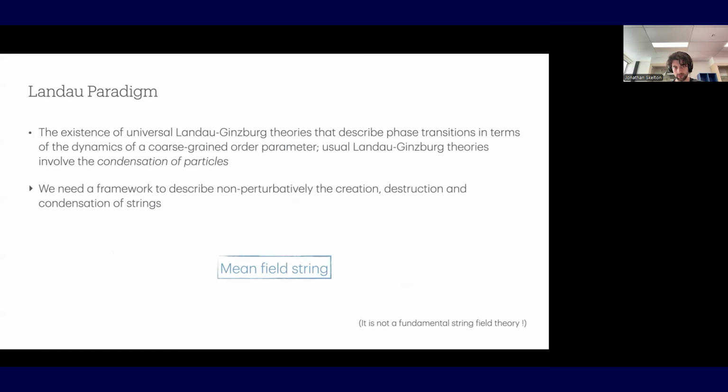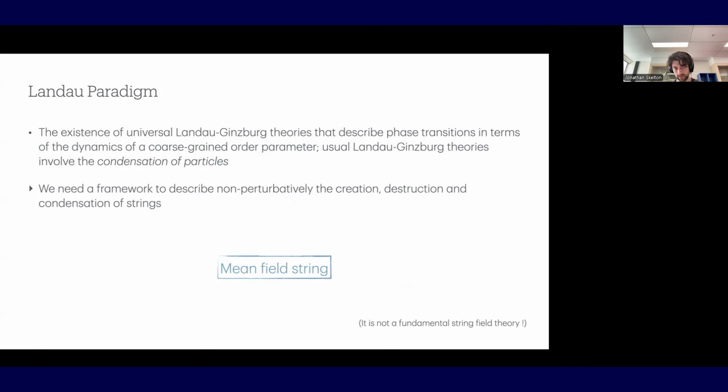Another very important object in this idea is the order parameter, right? Because the idea is to write an effective field theory for this order parameter, and that describes the different phases. So in one phase, this order parameter is zero, and in the other phase, it's non-zero, like the unbroken and broken phases. But this is all connected to the fact that the particles will condense, right?